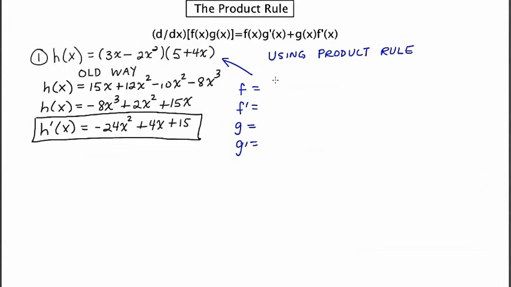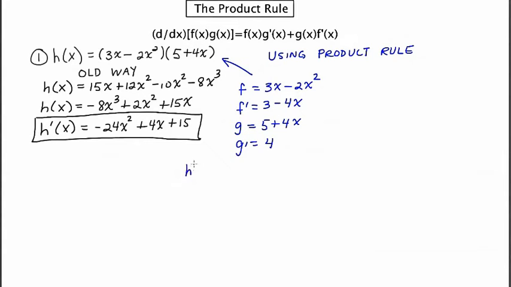So f is the first function, which is 3x minus 2x squared. The g function, or the second function, is 5 plus 4x. The derivative of the first function is 3 minus 4x. And the derivative of the second function is 4.